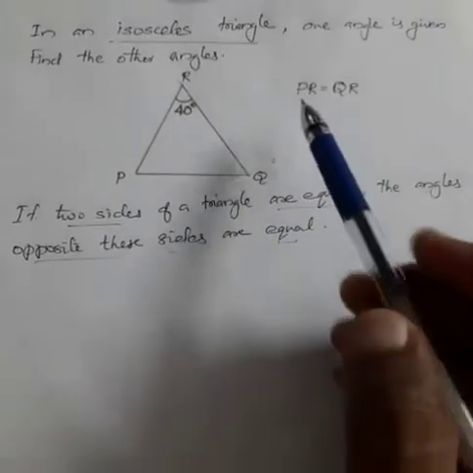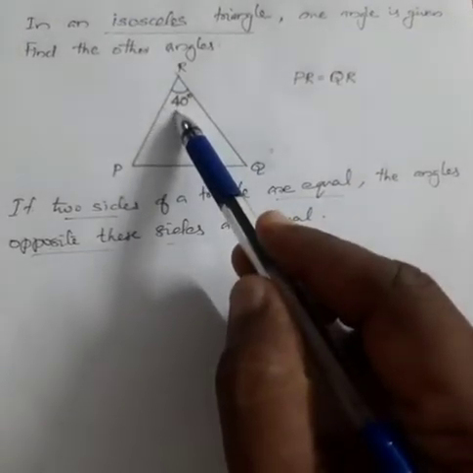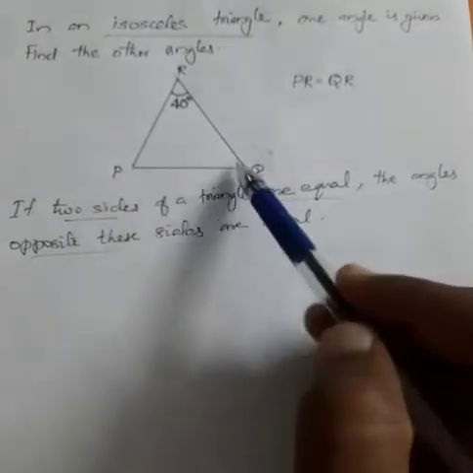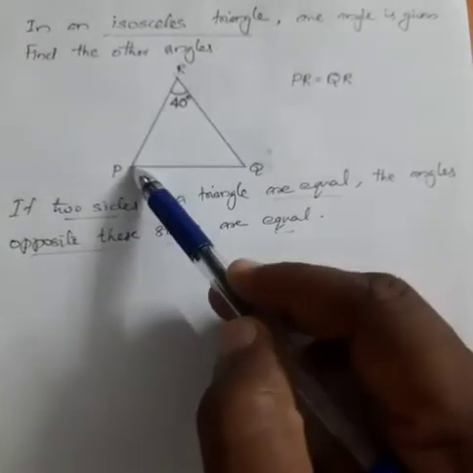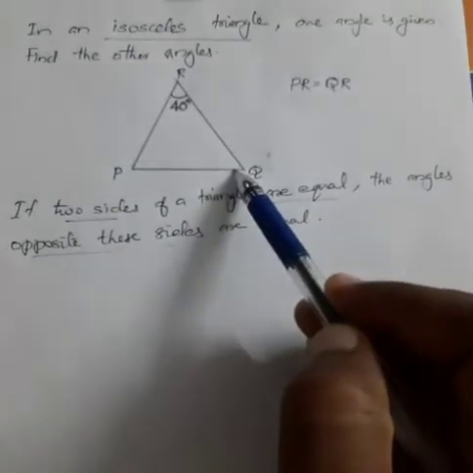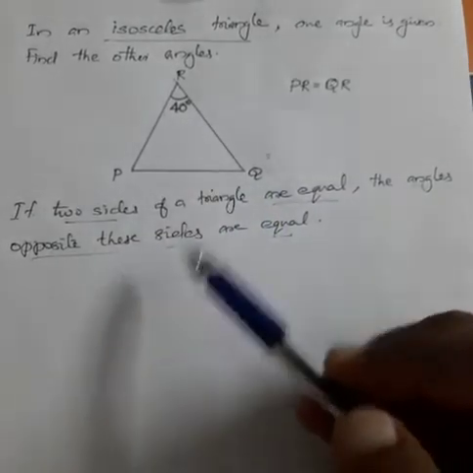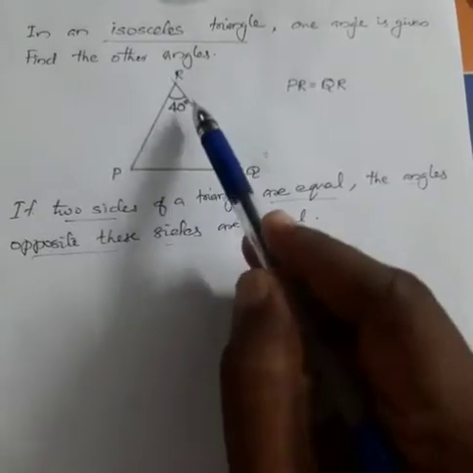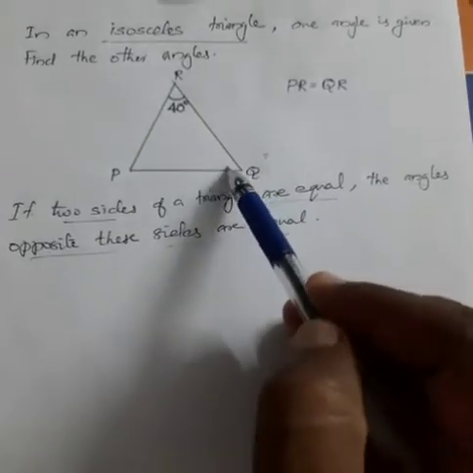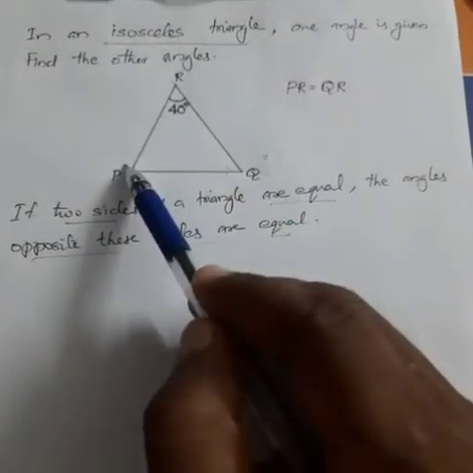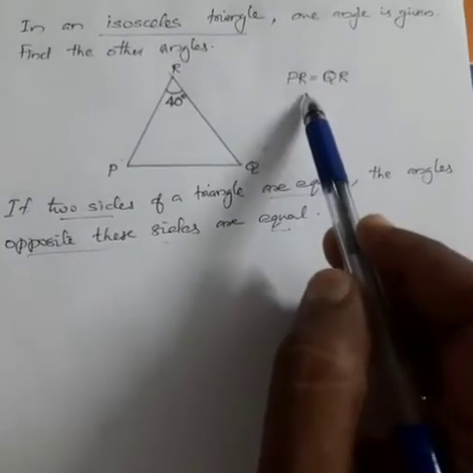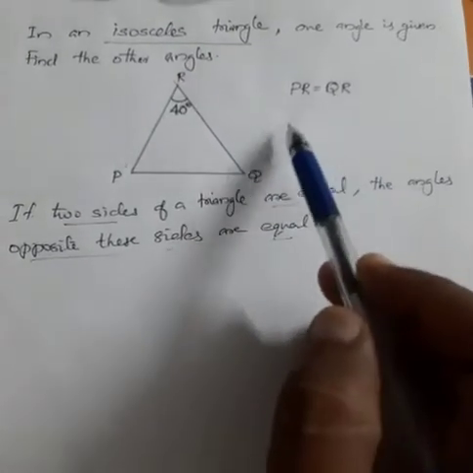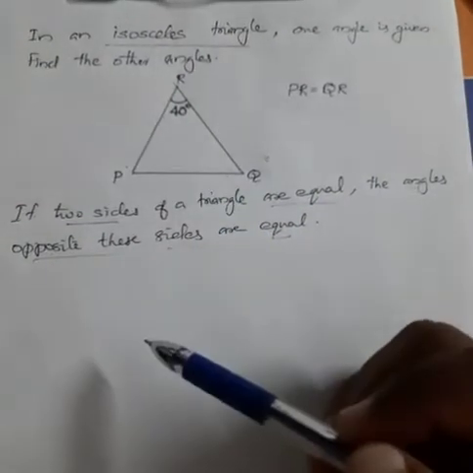Here 40 is the given angle, angle R in triangle PQR, then PR is equal to RQ. Because these two angles you have to find out. Opposite of P is QR and opposite of Q is PR. So in an isosceles triangle, if the sides are equal, the opposite angles are equal.